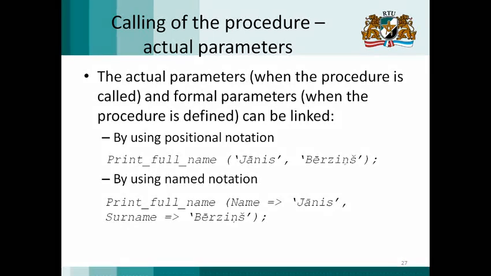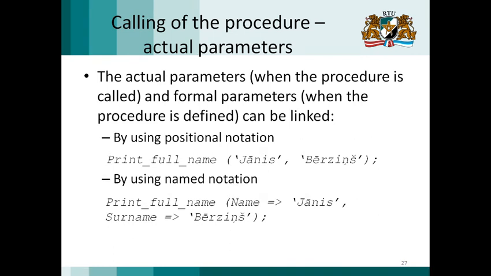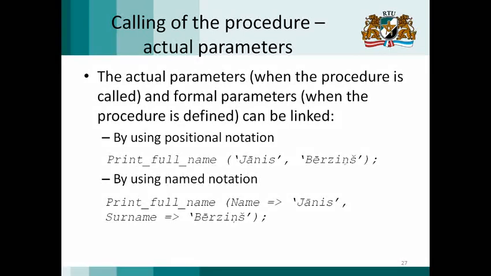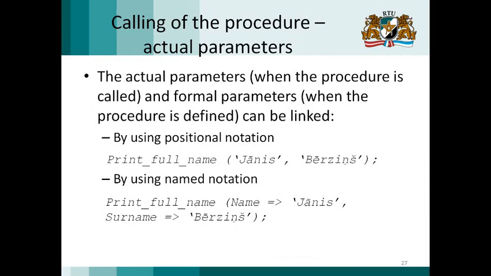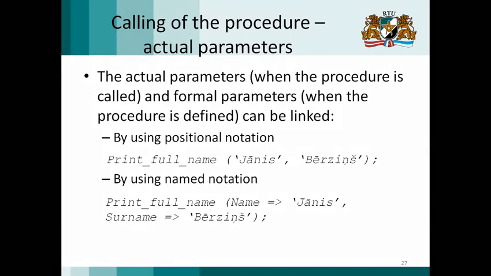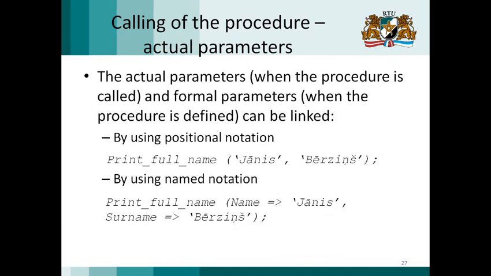There are two basic ways that we can give the procedure parameters. We can give it first by using positional notation. For example, we can just give it the first parameter, then the second parameter, and the sequence in which we have written these parameters in this declaration is important. This is one way. We must know this sequence.